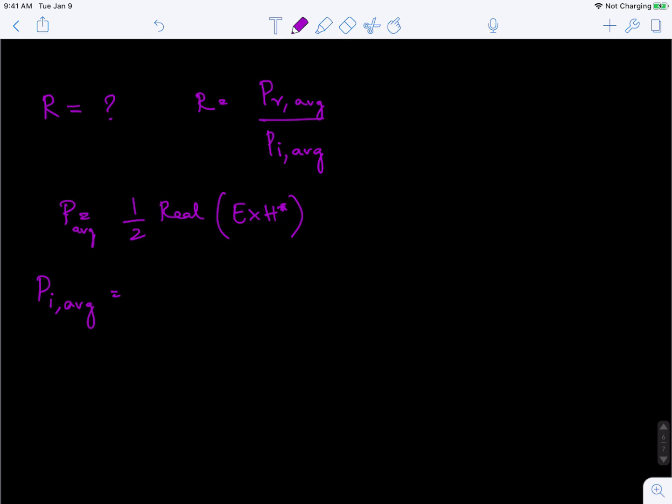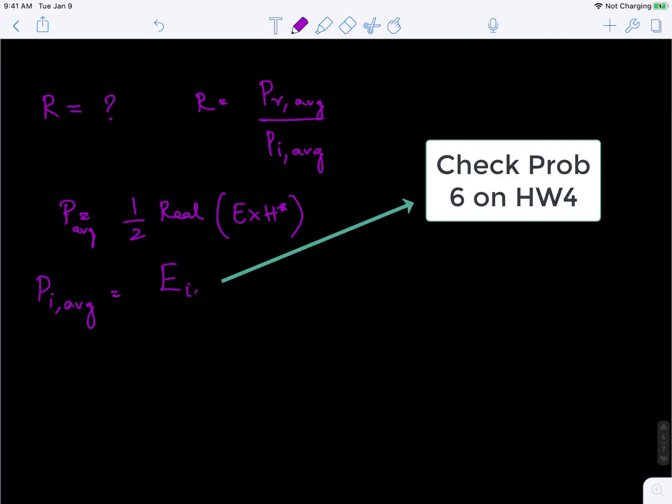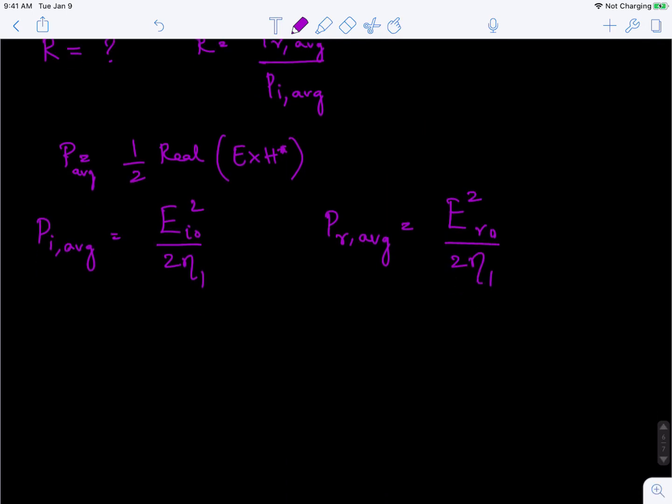From the simplified equation, the incident average would be E incident naught square divided by 2 eta 1. Similarly, P reflected average would be E reflected square divided by 2 eta 1.